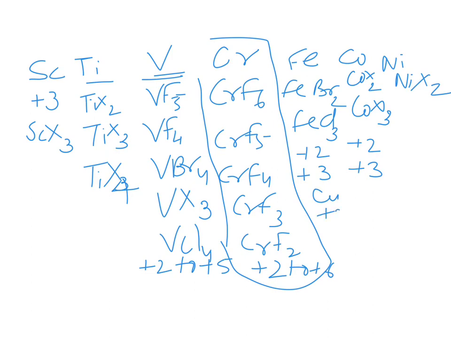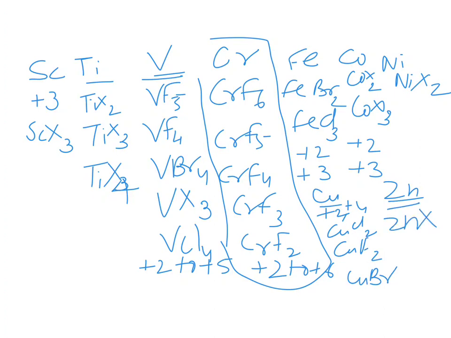Copper plus 2 and plus 1, that is CuCl2, CuF2, CuBr. Then the last is zinc. Only one, that is ZnX2. So these are the oxidation states of these elements.